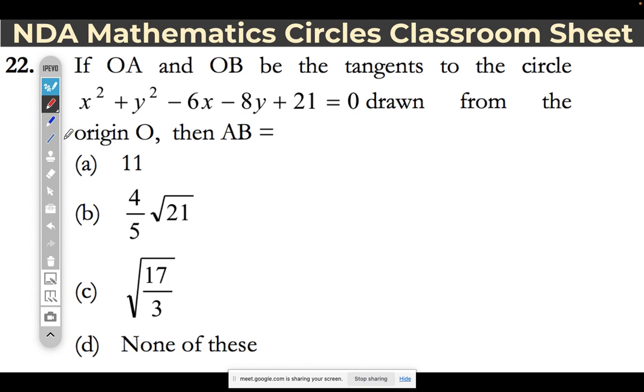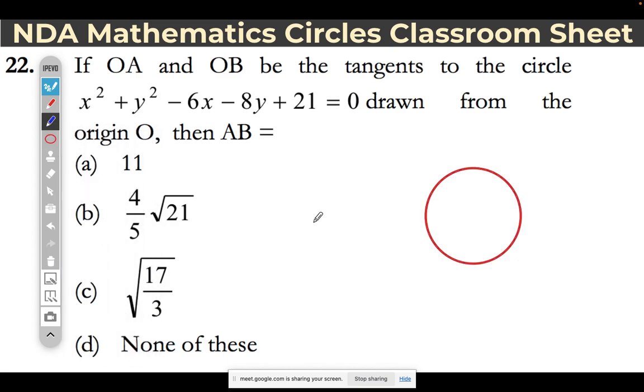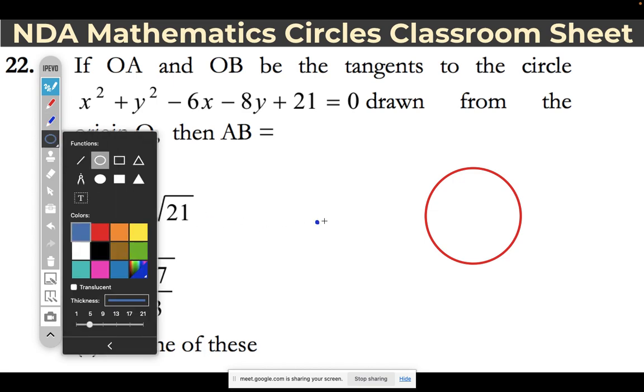Again, see, draw. Circle, fine. Origin, okay. Oops. Tangent number 1.